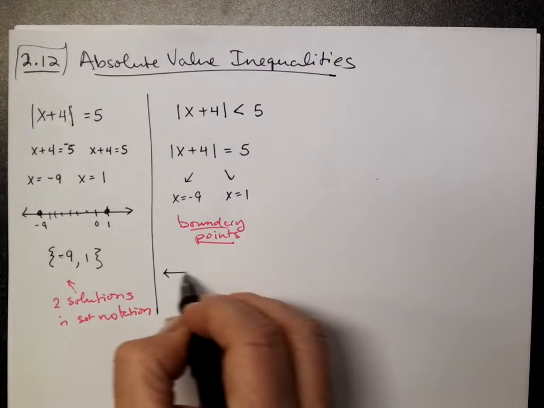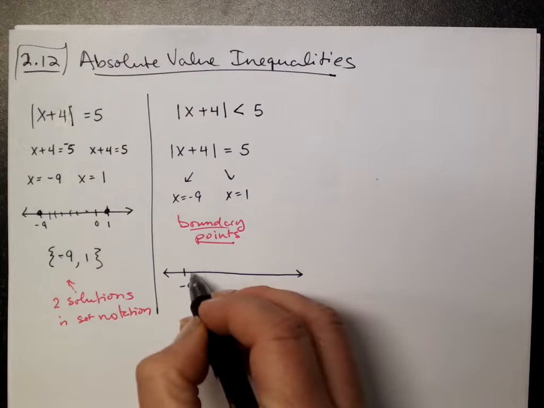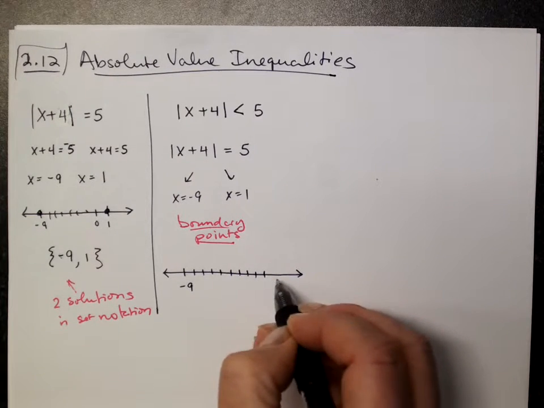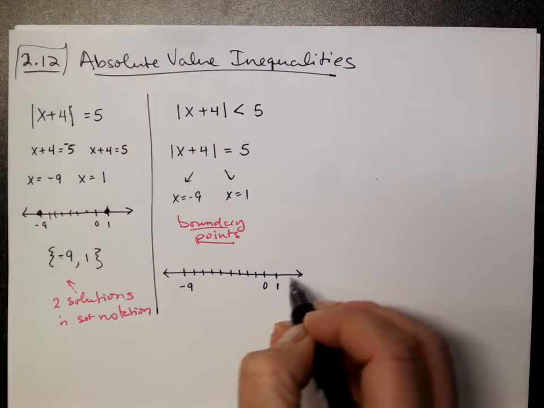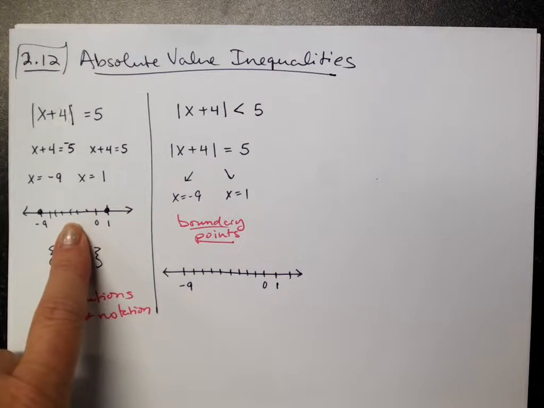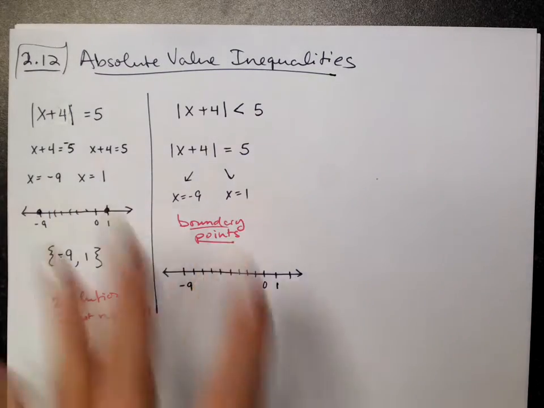So I'm going to draw a number line. It's my negative 9. So, my boundary points are where my solutions begin. Now, just like there are two solutions with the equation, there's going to be two things drawn with the inequality.